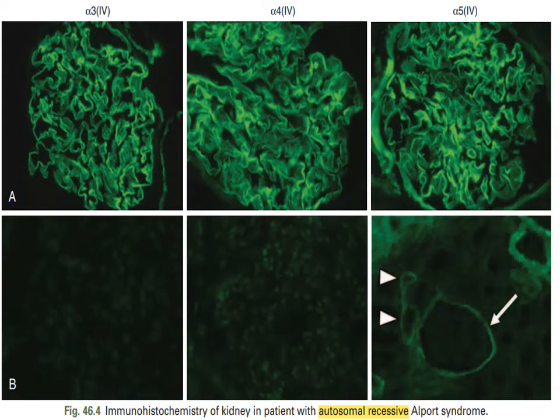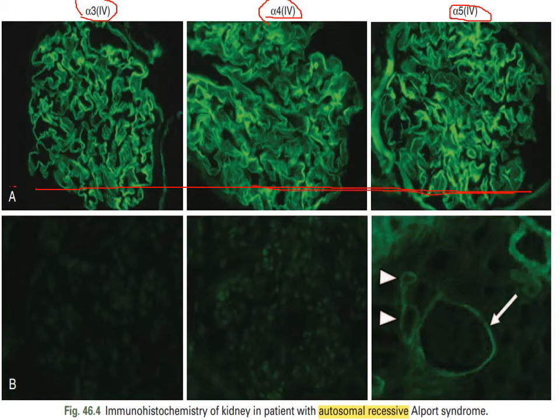This slide is very nice, illustrating the immunohistochemistry in Alport syndrome. The pictures reveal the alpha 3, alpha 4, and alpha 5 chains of type 4 collagen. In the above pictures, it is a normal glomeruli.